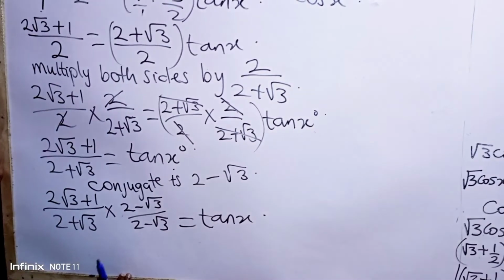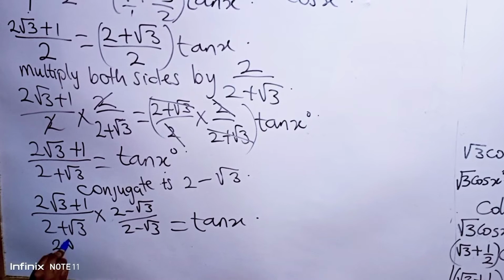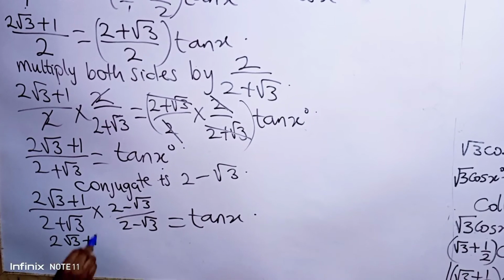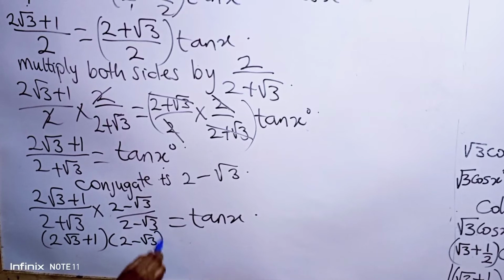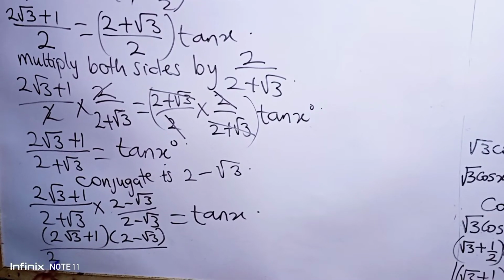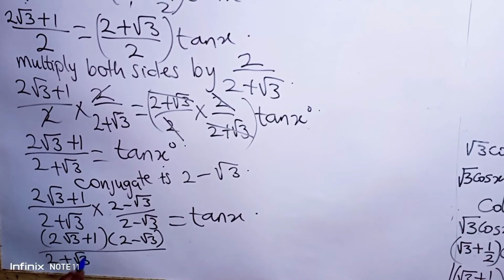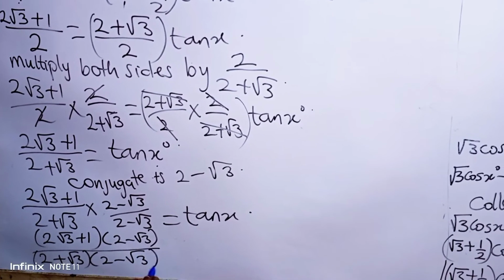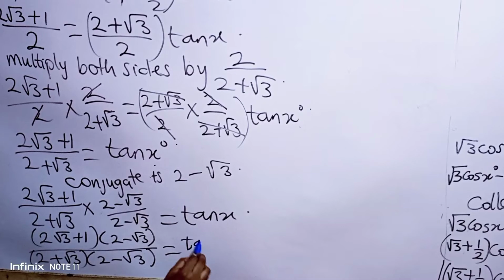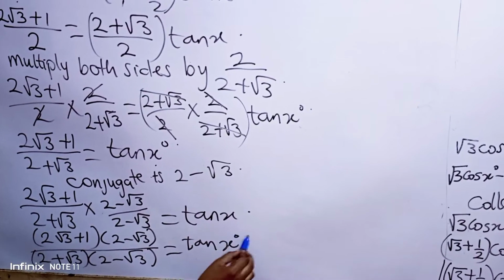So from here, I can now have (2√3 + 1)(2 - √3) over (2 + √3), then multiply by (2 - √3). Everything is equal to tan x degrees.